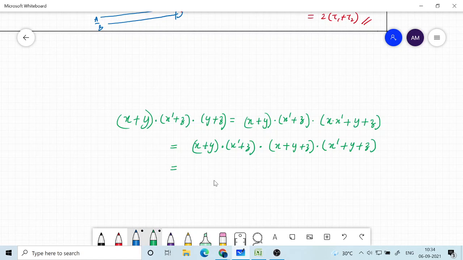Now the next step is basically grouping. There is x plus y here, x plus y here, and there is another group you can do with this one. So let us do that grouping.